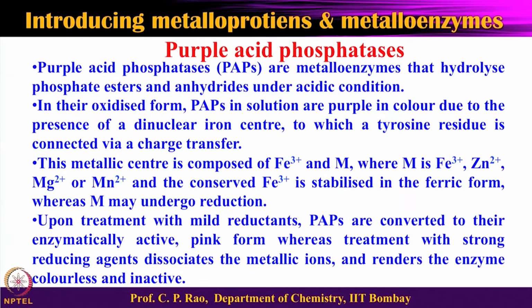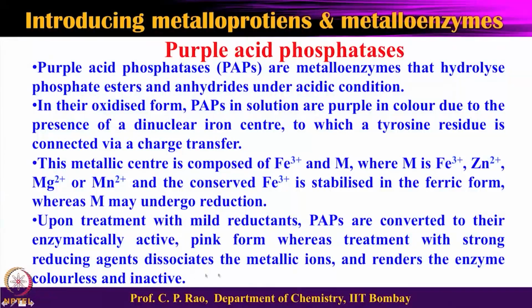Okay. So, generally when you take this purple acid phosphatase and use a mild reducing agent, they get into active form. But if you use a strong reducing agent, then they will break down these dinuclear centers, the dissociation takes place, the enzyme becomes inactive and the solution becomes colorless.